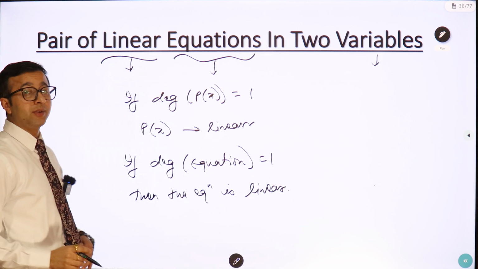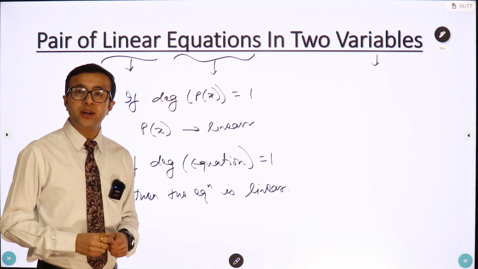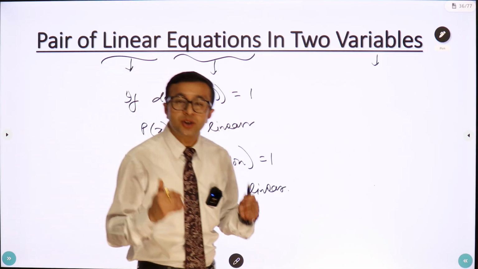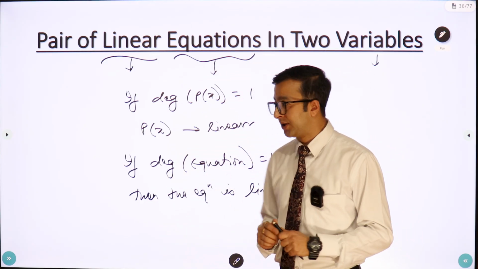So this is one way to understand linear equations. What we are going to learn in this chapter is simply how to find the solution of a pair of linear equations in two variables.